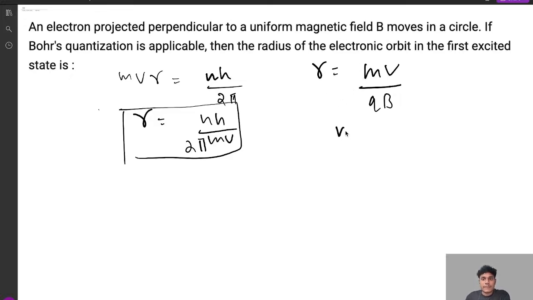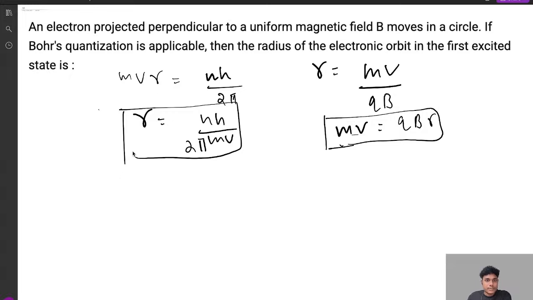From here we get mv is equal to qB into r. Now put this value of mv in the first equation, that is qB into r, whole multiplied by r, is equal to nh upon 2 pi.